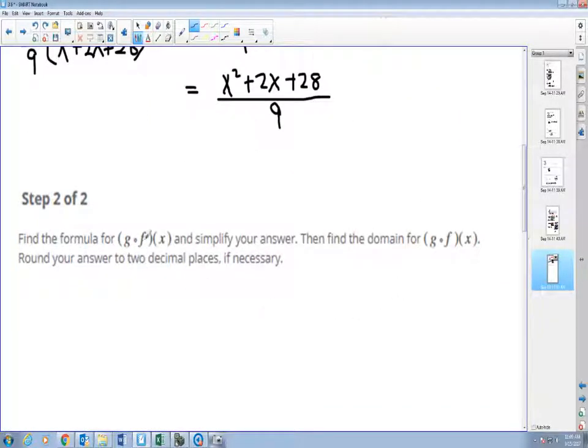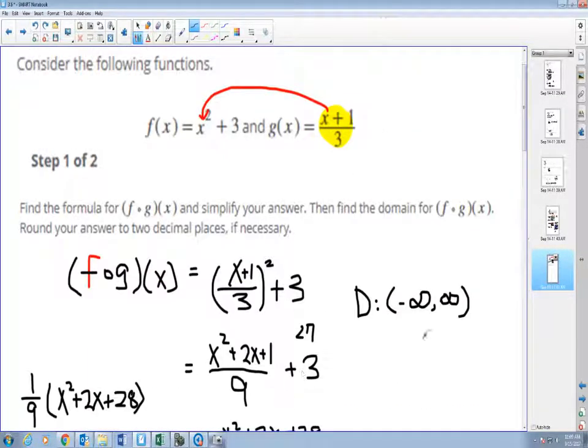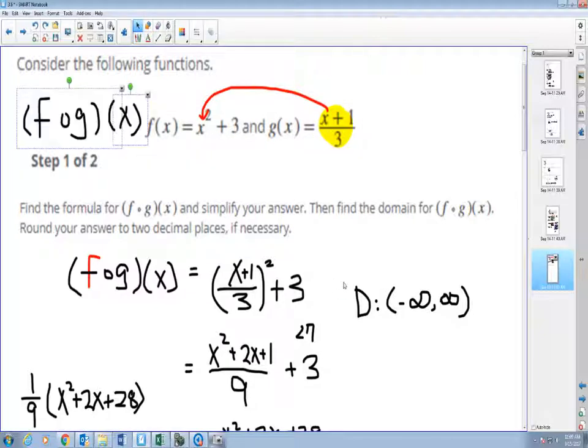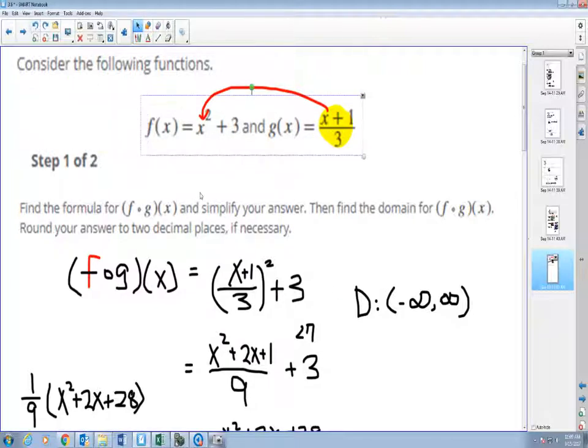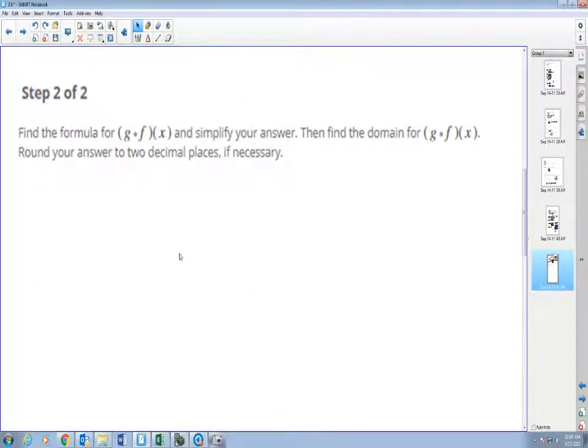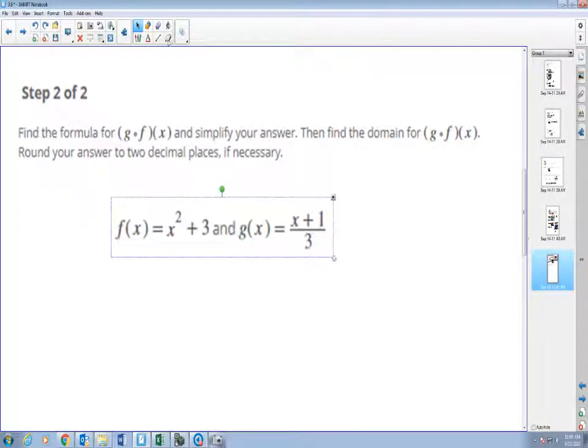Alright. Let's go backwards. g of f of x. So now this time I will actually put function f into function g, wherever I see an x, only right there.